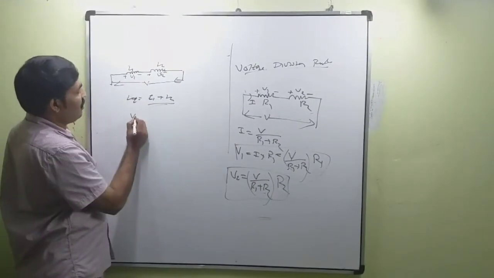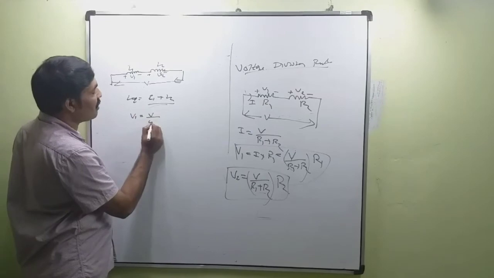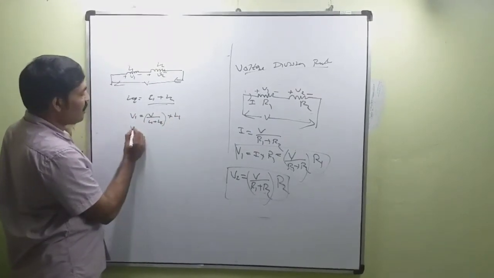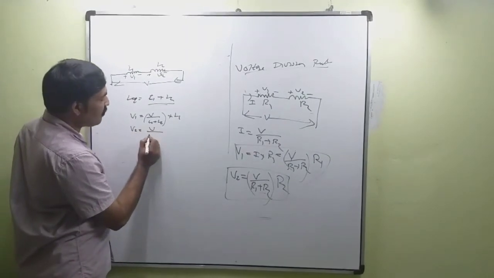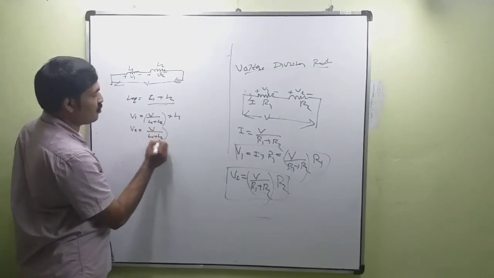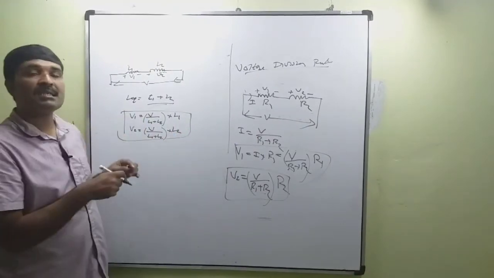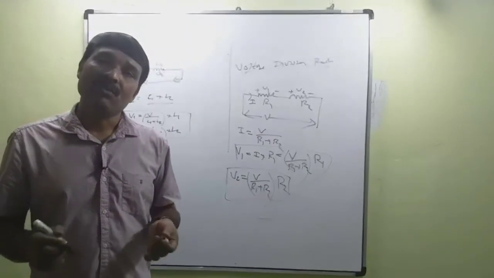Now V1 is equal to V divided by L1 plus L2 into L1, and V2 is equal to V divided by L1 plus L2 into L2. This is the same as the answer obtained in the case of resistance.